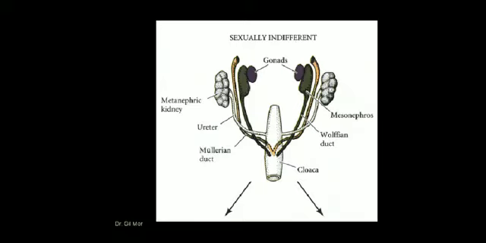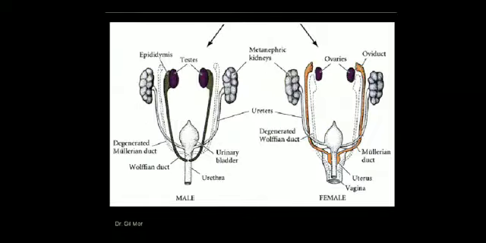The female duct, Mullerian duct, proliferates and forms the oviduct, uterine tubes, uterus and upper 2/3 of the vagina. So this is the diagram showing the differentiation of the genitalia.